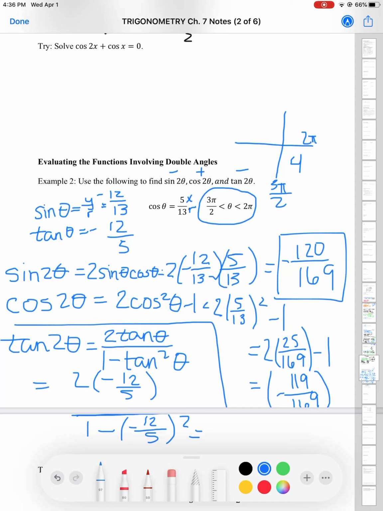And then once we simplify that whole thing, it is 120 over 119. Okay, I know you guys can do fractions. If you need me to show you those over Zoom or explain those, you guys maybe need to work those out. That's fine, but just to save time, I'm not going to.